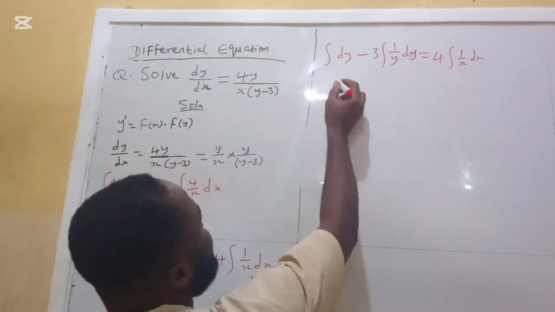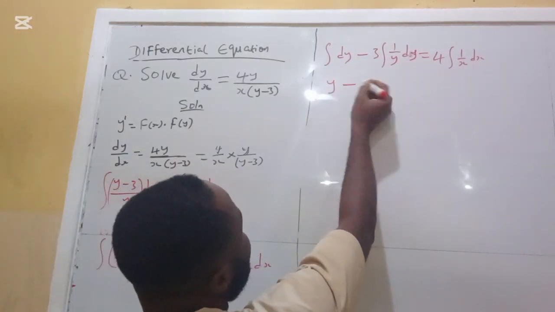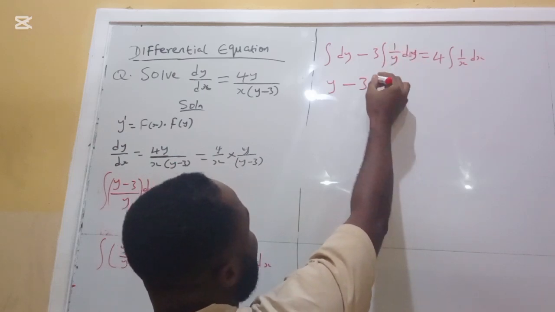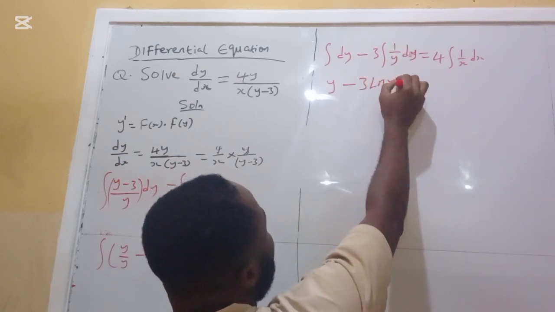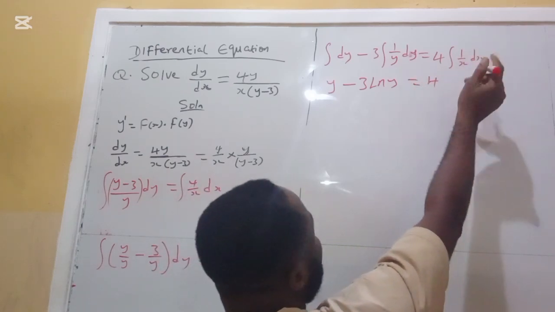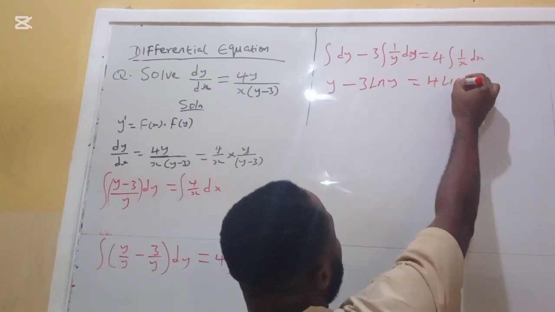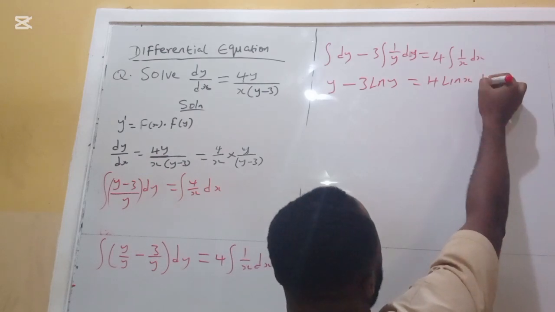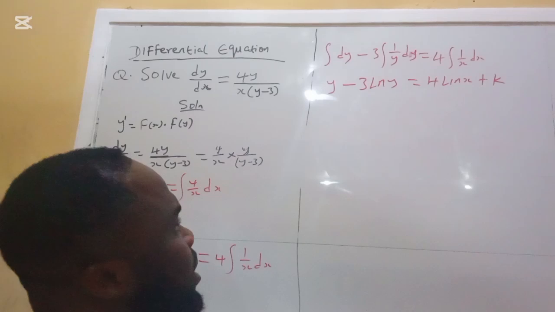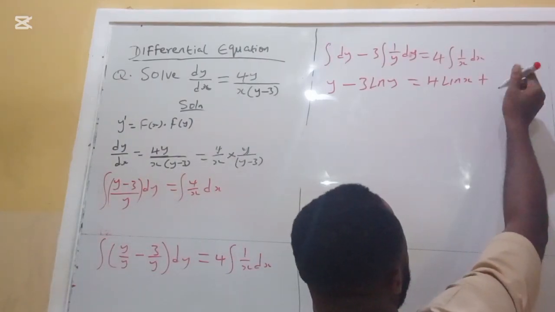So when we integrate this, we're going to have y take away 3 ln y, which equals 4, and when you integrate 1 over x you're going to have ln x, then plus our constant k.